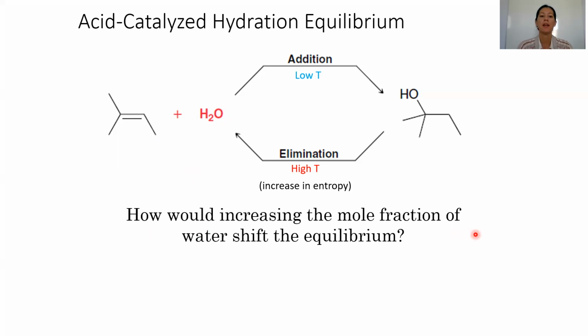So think about this. How would increasing the mole fraction, so basically the amount of water, shift the equilibrium? If I increase the amount of water here, would that shift the reaction to the right or back to the left? And you got to think about Le Chatelier's principle here.